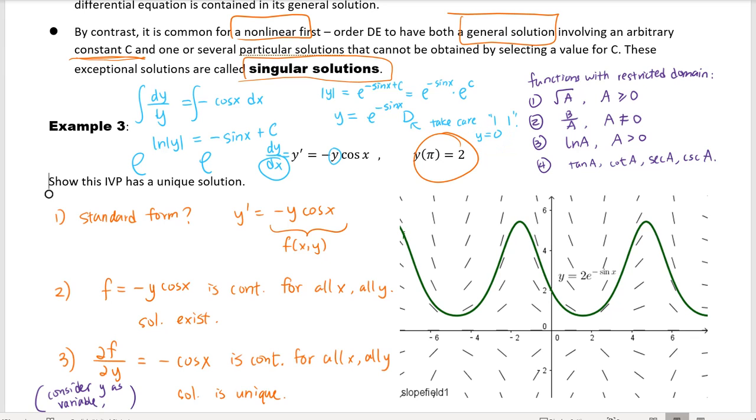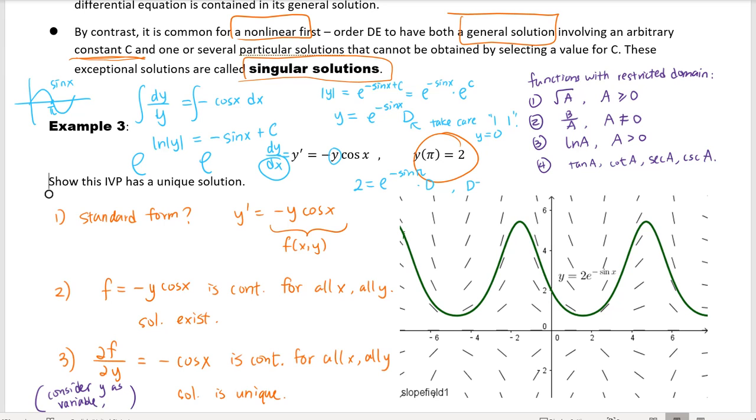With this initial condition, we can plug in. y equals e to the minus sine pi times d, and y is 2. Sine pi is 0, and e to the 0 is 1.